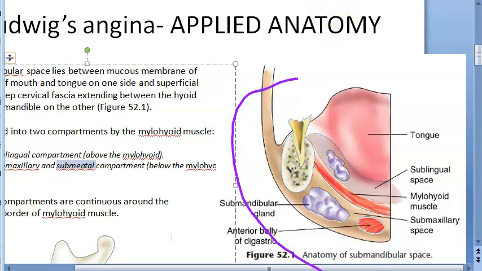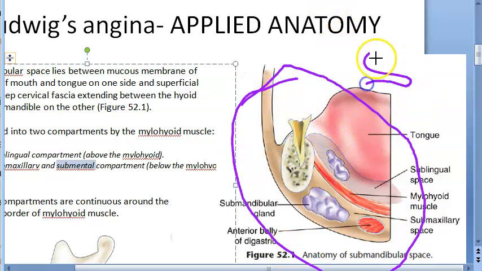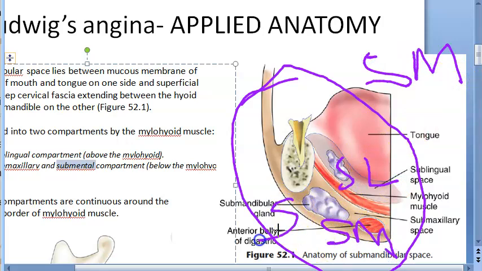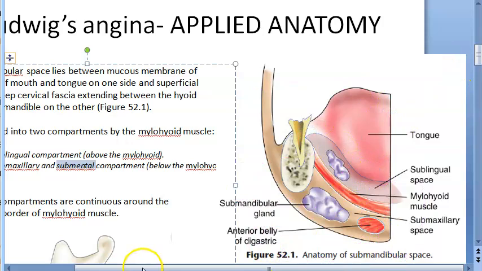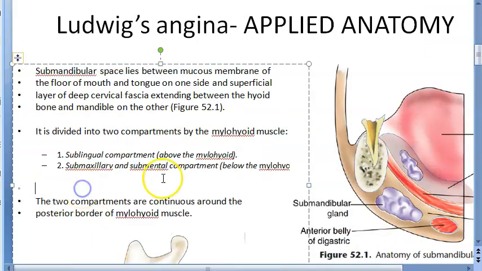So did you get it? The submandibular space is divided into sublingual, submental and submaxillary space. So these three spaces put together become the submandibular space. Any of these can be infected, or everything can be infected in Ludwig's angina.